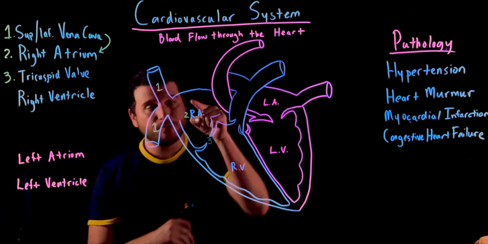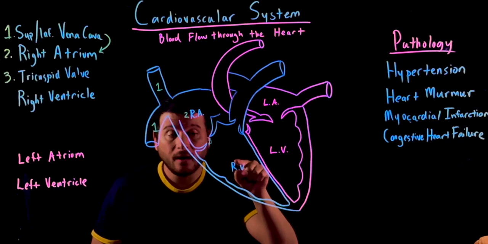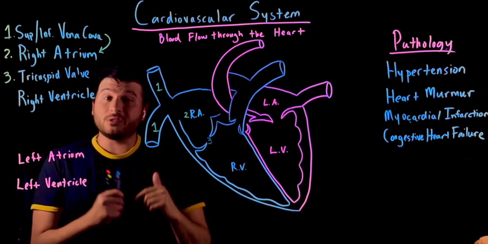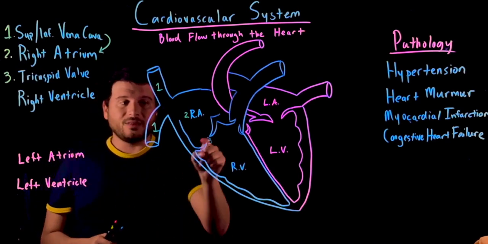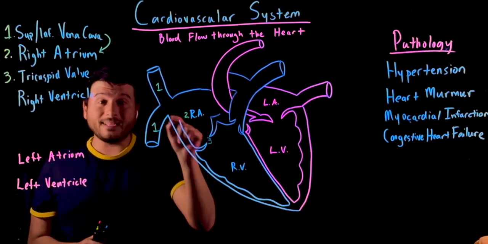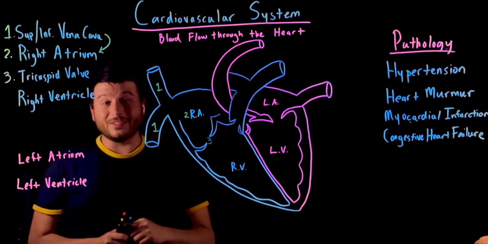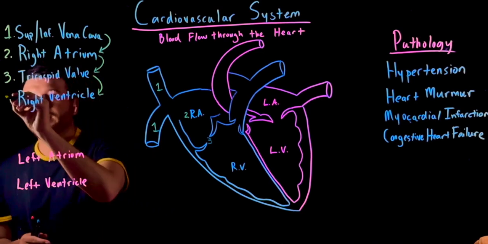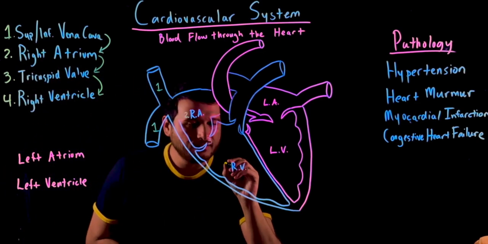It opens up to allow blood to go down, but ideally blood would not be able to go the other way, which is why it's a valve. So that tricuspid valve separates the right atrium from the right ventricle. Now we have entered the right ventricle.